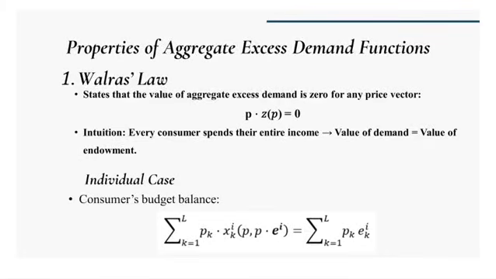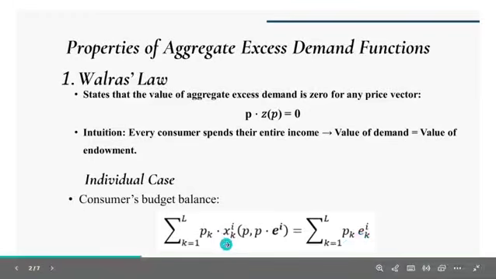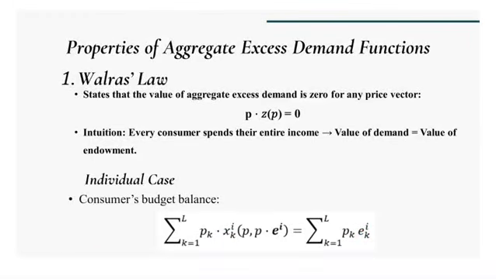The Walrasian demand for good k, which is x of k for individual i, given price vector p and p multiplied by the endowment of individual i, is continuous in the price vector p.